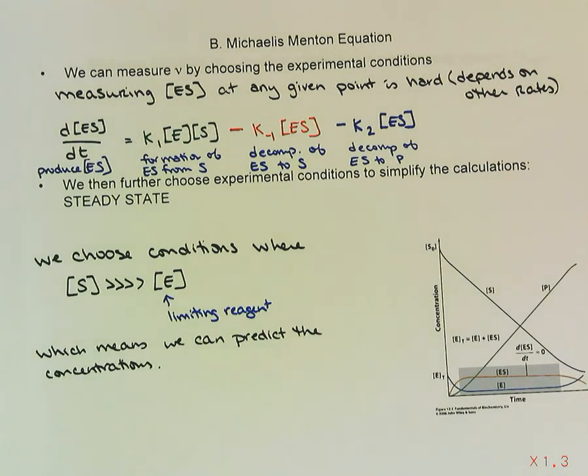So if enzyme is the limiting reagent, we can predict the concentrations through time.